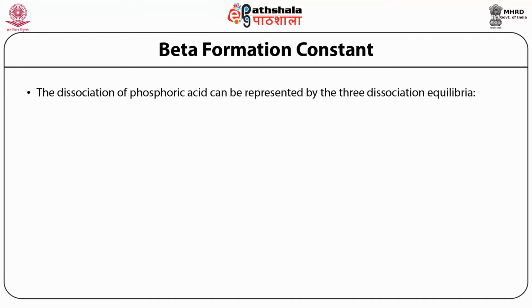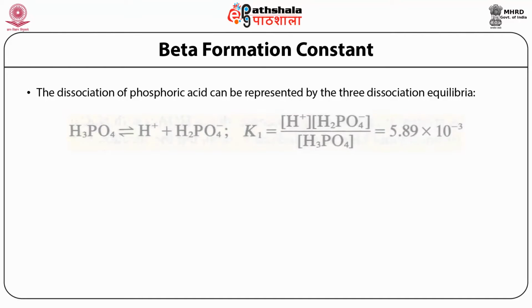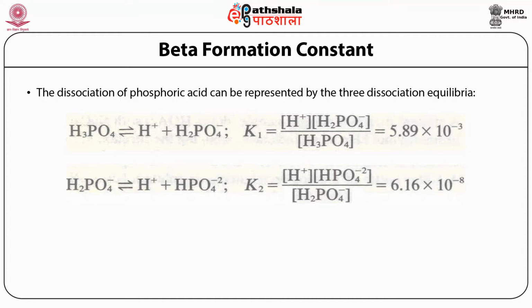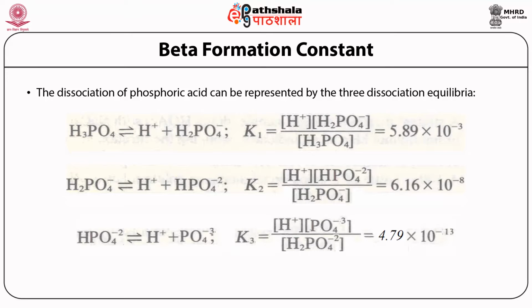Here the equilibria are K1, K2, K3. K1 will naturally be [H+][H2PO4 anion] upon [H3PO4], having its K1 value 5.89 into 10 raised to power minus 3. For K2, the value comes out 6.16 into 10 raised to power minus 8, and for K3, the value comes out at 4.7 into 10 raised to power minus 13.